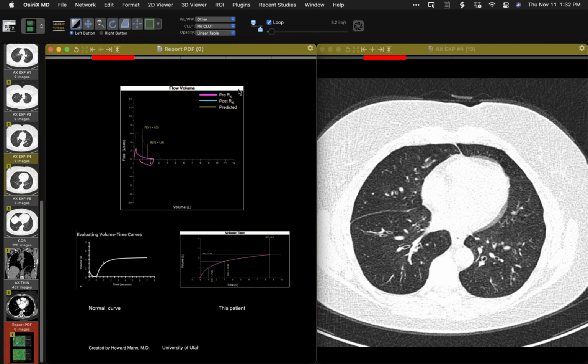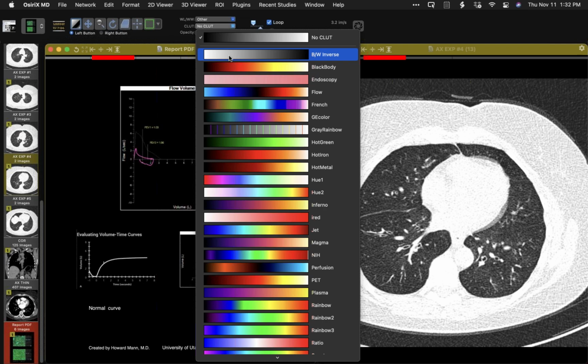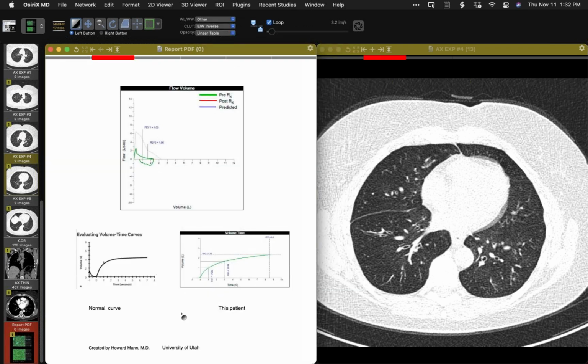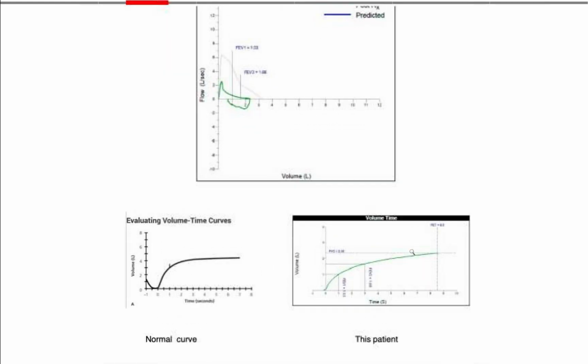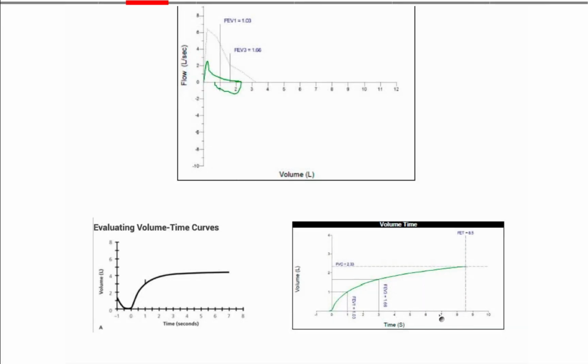And I want to show you this, but let me just try to make that black and white. Okay, like this. So if you look at this here, this is a normal curve looking at volume and time. And you can see for this patient, and we're going in seconds here, all the way out to 6, 7, almost not even plateauing like you expect here.